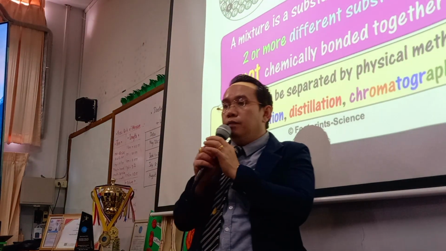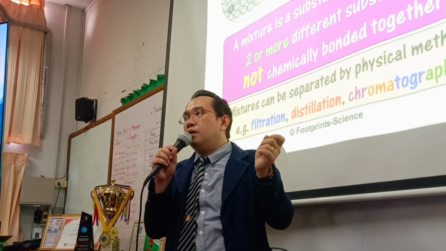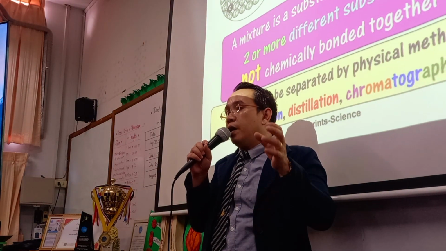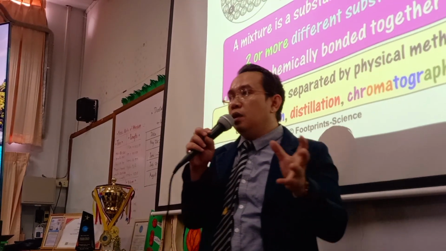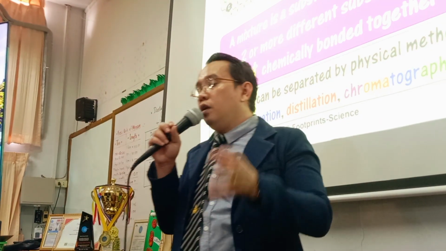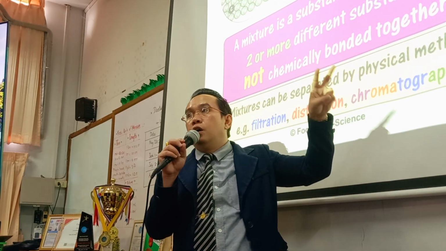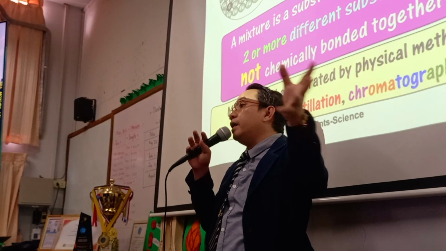Therefore, if you wonder how steel is produced, the manufacturing company in a factory forms it through mixtures, two or more substances physically combined.